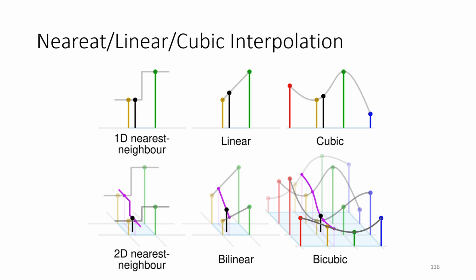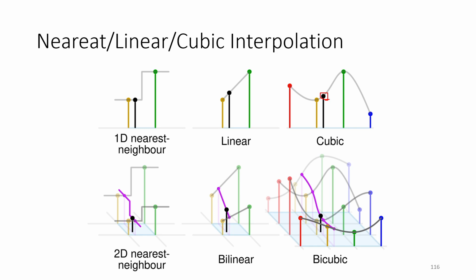Cubic means a polynomial function of order 3, so I need 4 points to decide the cubic function. Suppose there are points 1, 2, 3, 4. Once I have this function, I can decide the value here. This is for one dimension.